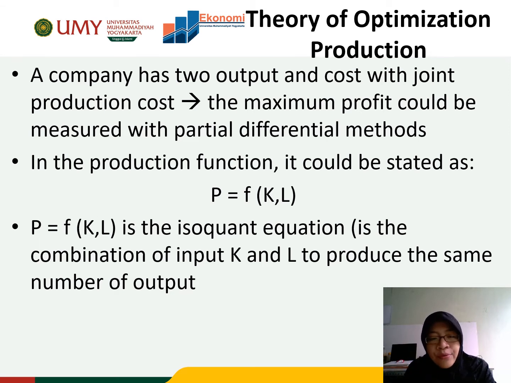So you have to rely on the production function. Previously, if you still remember, for consumption optimization we compared two goods, right? For production, we will use two independent variables, which are capital and also labor.